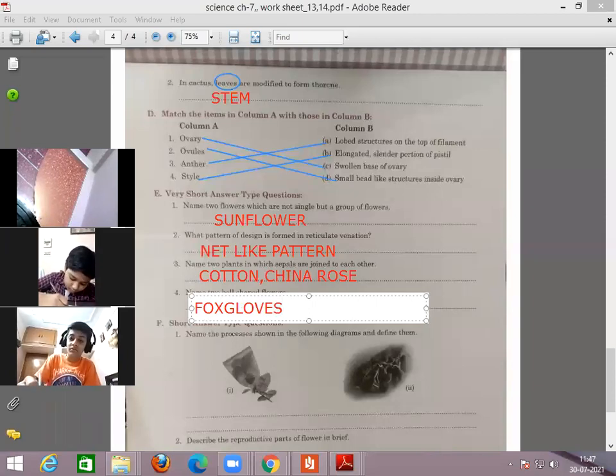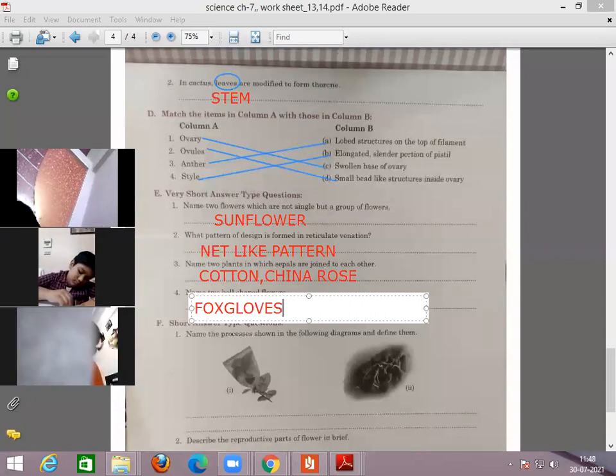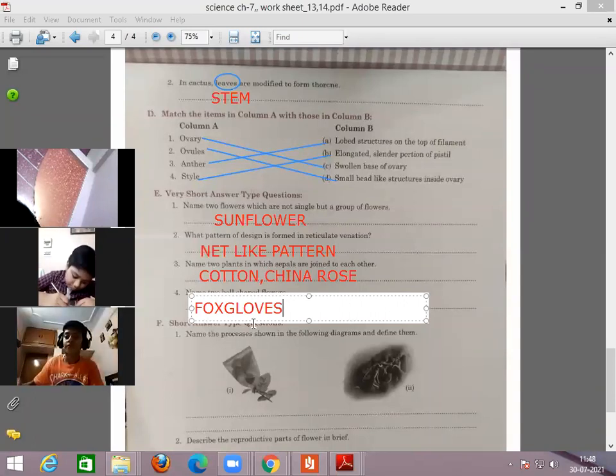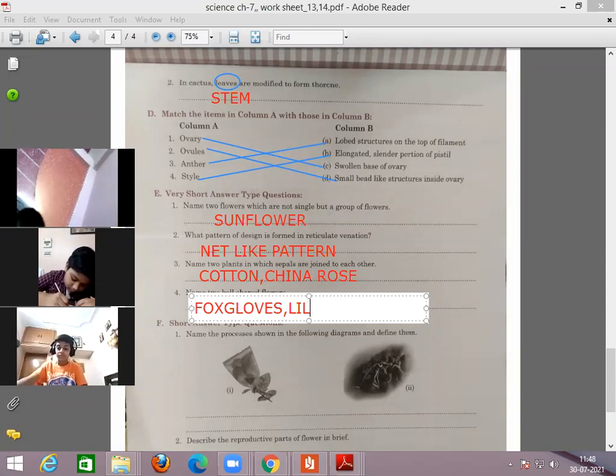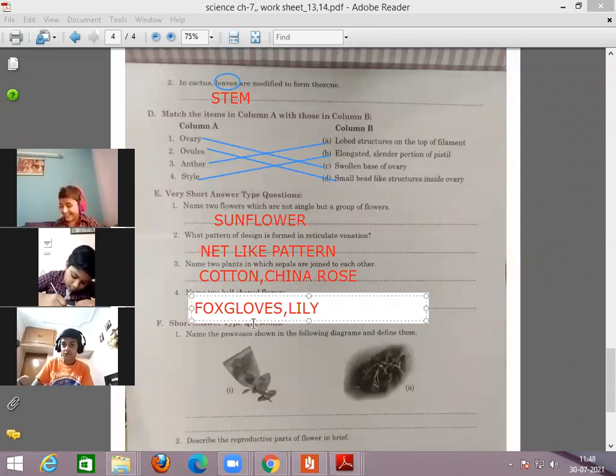So these are the bell-shaped flowers. One more is here, lily flower. That is also a bell-shaped flower.